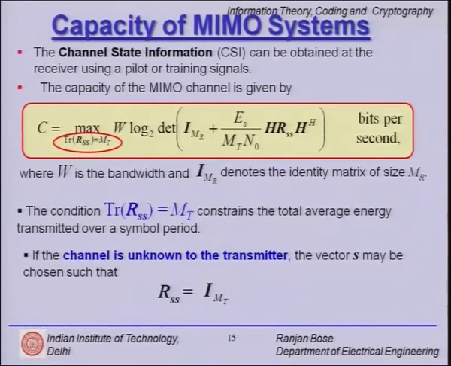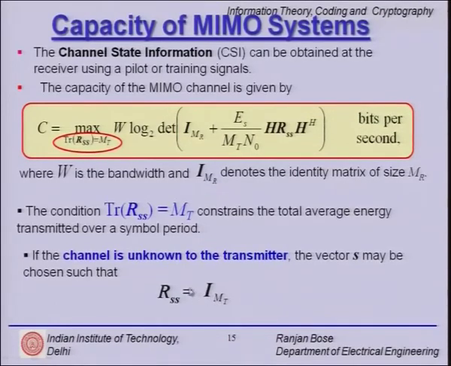Now, in the case when the channel is unknown to the transmitter, what do I do? Well, I treat all my individual data pipes identically, I do not treat them differentially. I say okay, I would rather put all my power equally in all the transmit antennas. So, that is what the covariance matrix tells you.